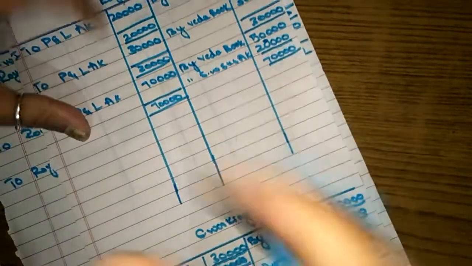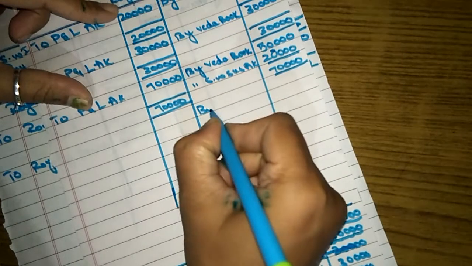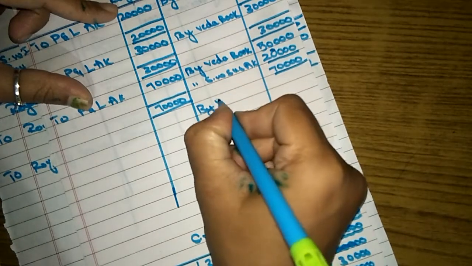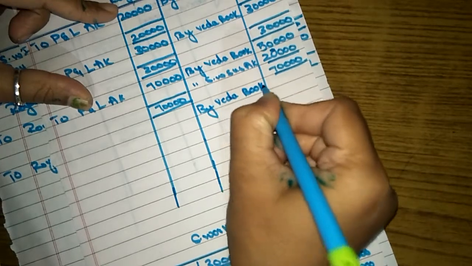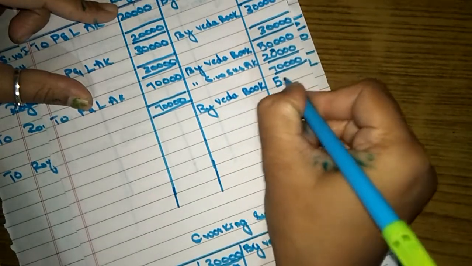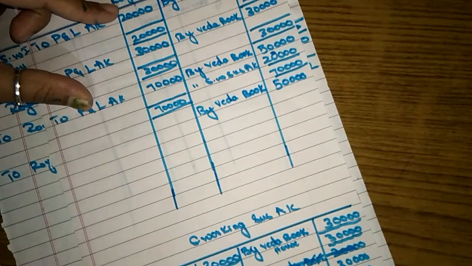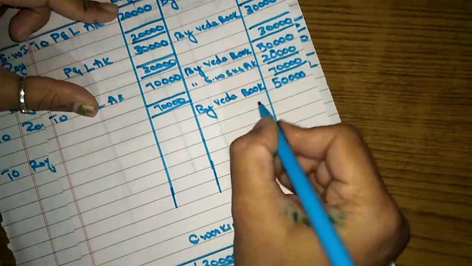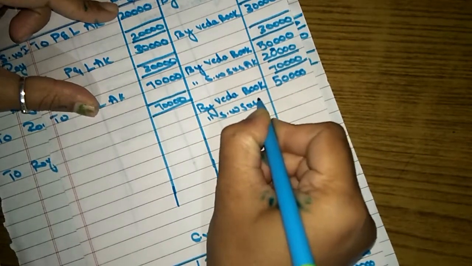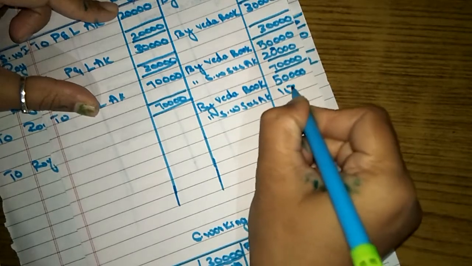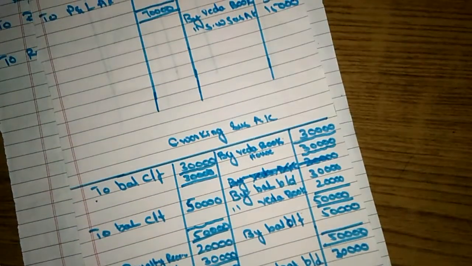Then in the royalty receivable account by Veda Book House, it's 50,000, and short working suspense account, it's 15,000. Okay. So the first posting got over.